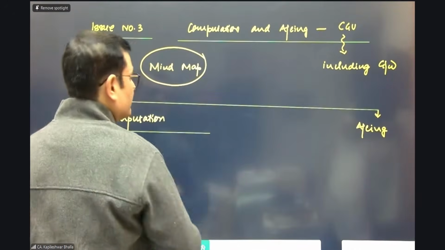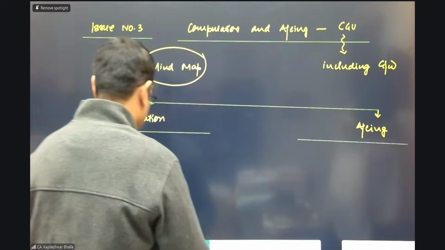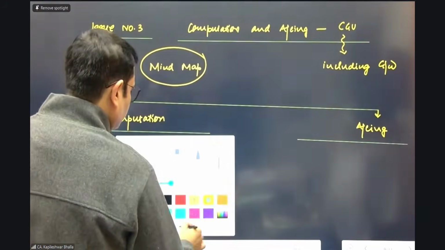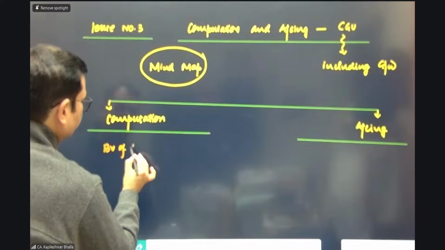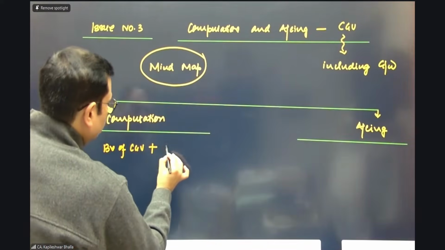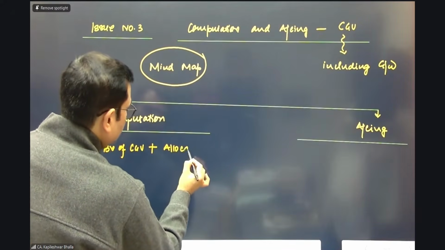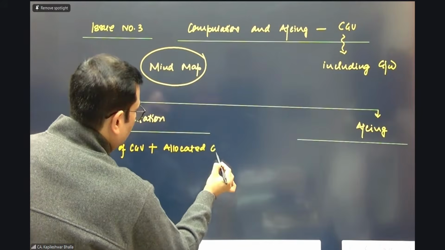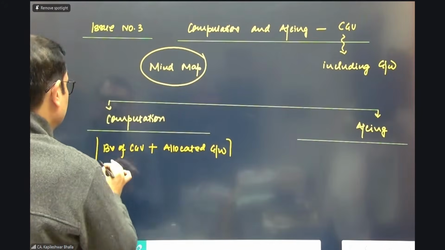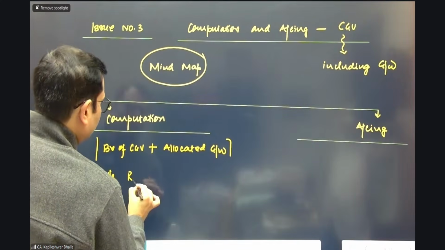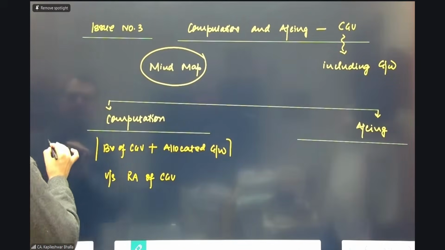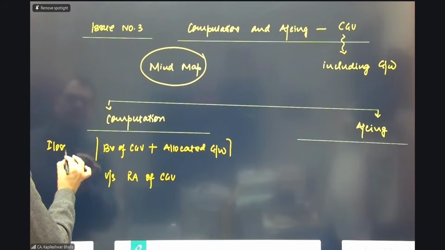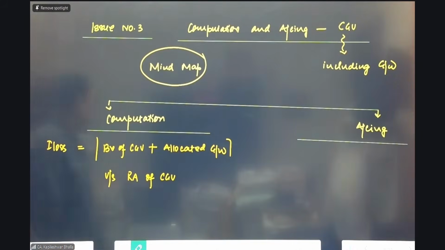So in terms of the computation, I will take the book value of the CGU plus the allocated goodwill. The sum total of this is going to be compared with the recoverable amount of the CGU. That is how the impairment loss is going to be computed in terms of a CGU.